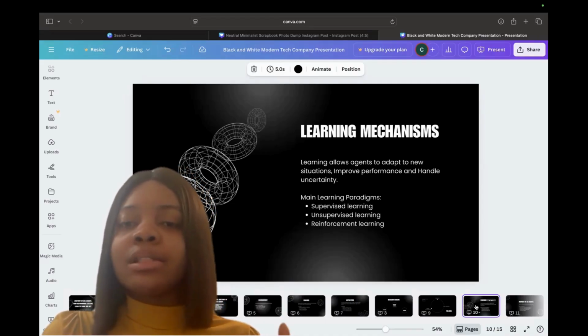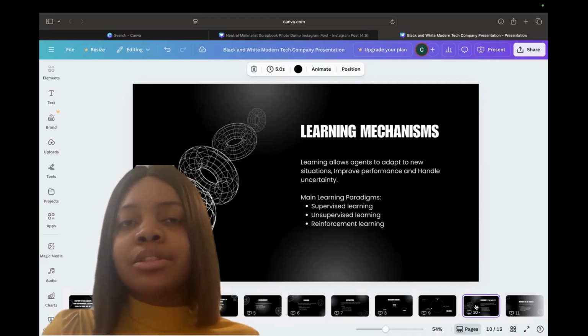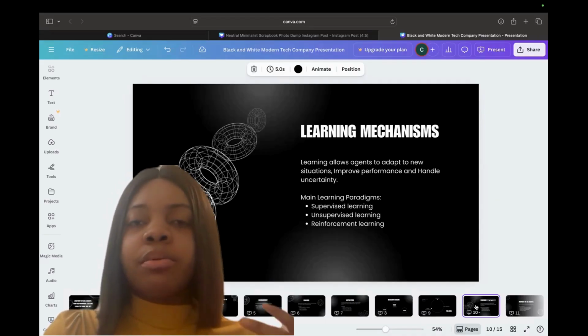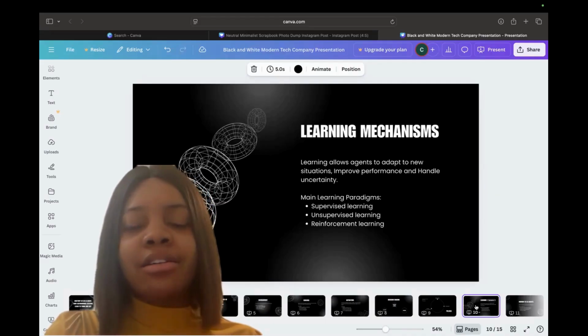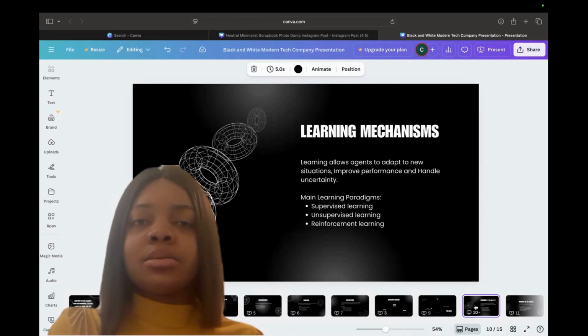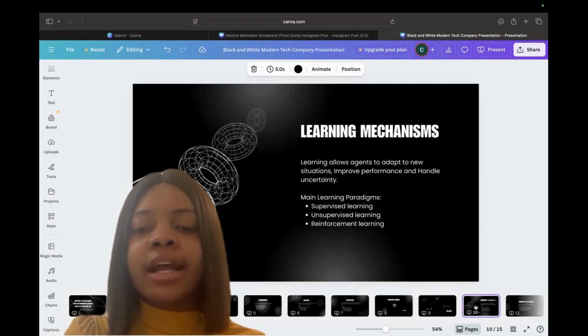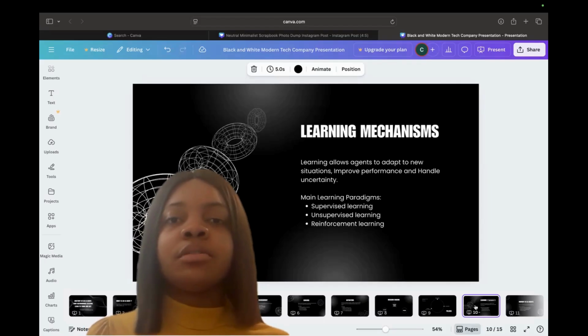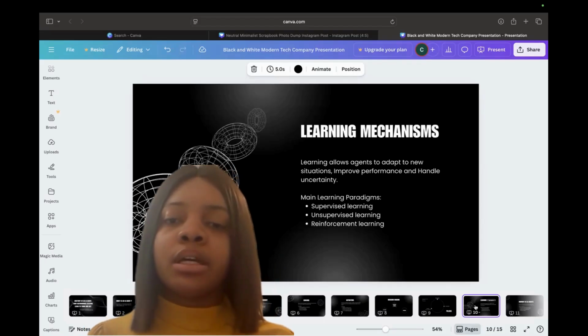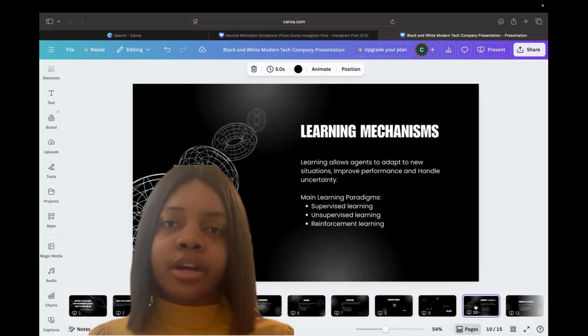Learning allows the agents to adapt to new situations, to improve performance, and also handle uncertainty. And when you're talking about the learning paradigms, you're talking about supervised learning, unsupervised learning and reinforcement learning. For reinforcement learning, the agent learns by trial and error.